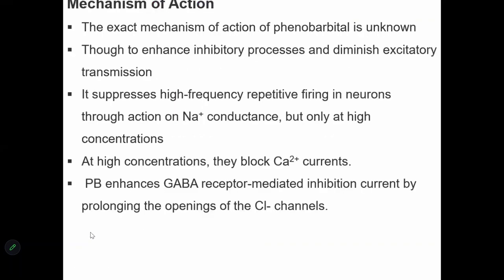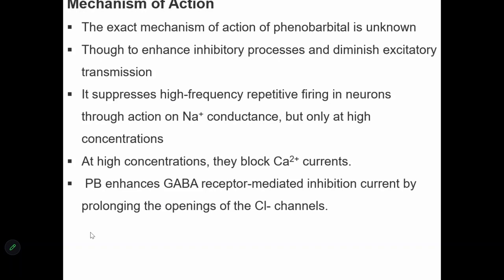The mechanism of action of this drug is that the exact mechanism of action is not clearly understood. In fact, the person who discovered this molecule used it by accident, and eventually it worked. But the actual action is not understood up to now, and that is why it is used a lot in management of seizure disorders.